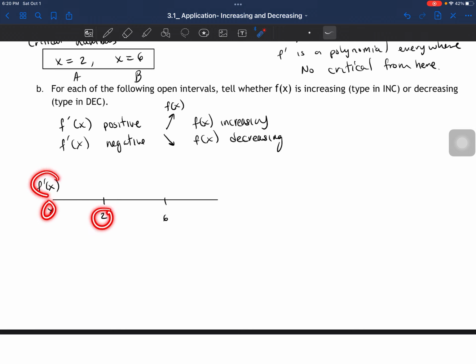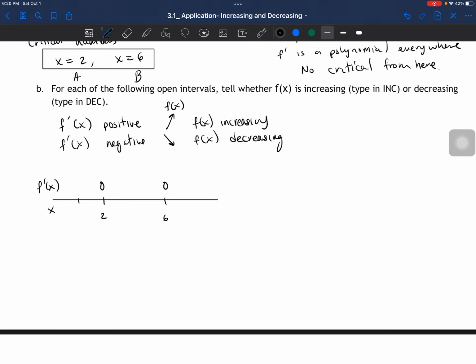We already know that when x equals 2, the value of the derivative is going to be what? 0. When x equals 6, the derivative of the function is going to be 0 as well. So we know what's happening here. What we wanted to know is what is happening in this interval between 2 and 6, and what's happening after 6.